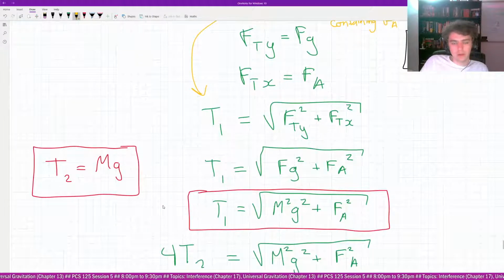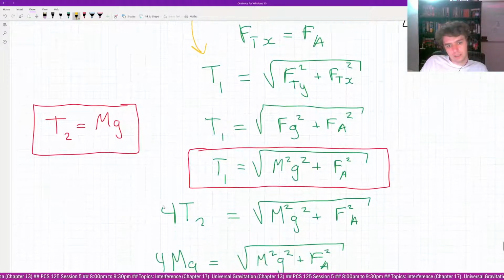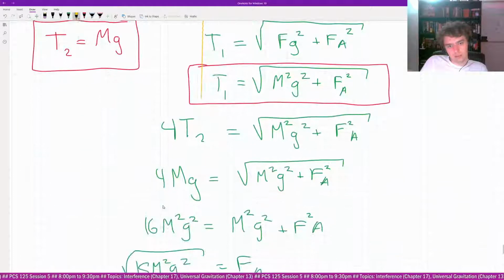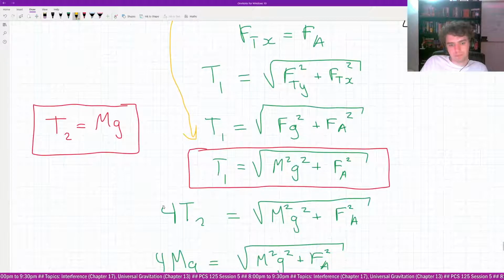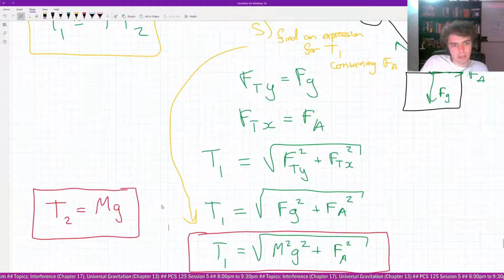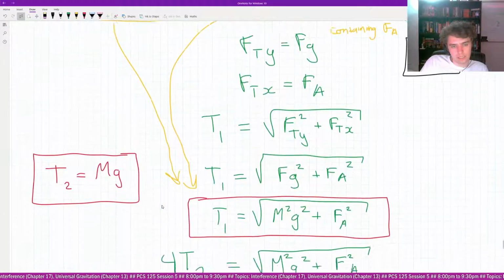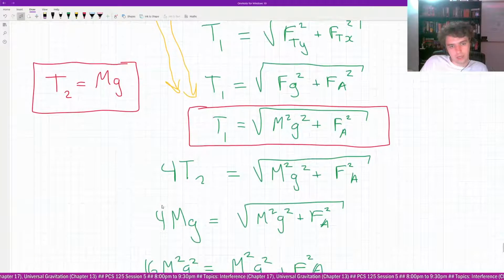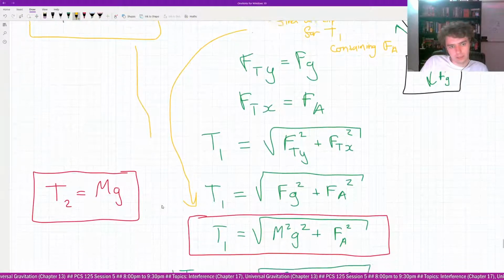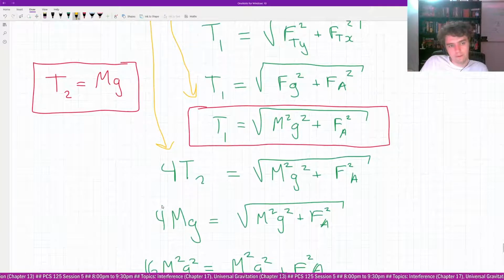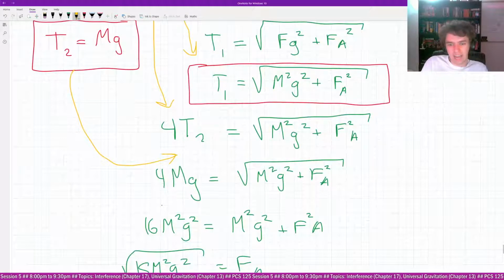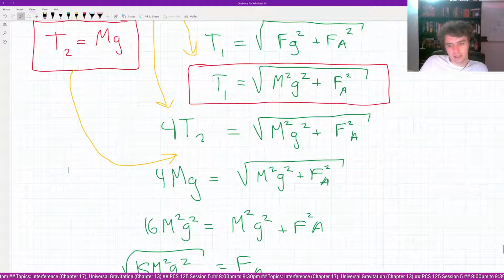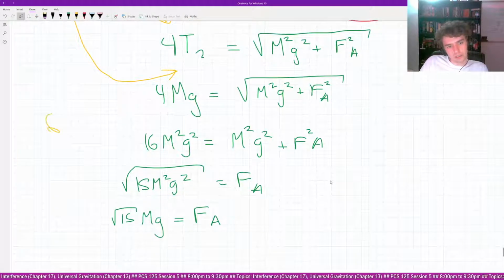When I do that, I can find this expression for T1, which is actually this down here. I can then plug in the fact that we know that T1 is 4T2. So I get 4T2 over here. Then I can use the fact that we know that T2 is mg. Finally, I have an expression that's fully in terms of mg and the applied force, and I can just rearrange. So step 6 is rearrange for FA.